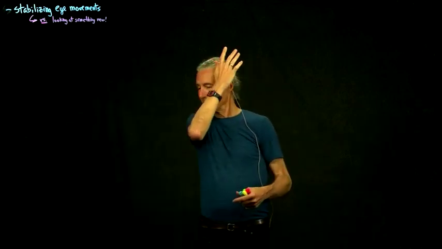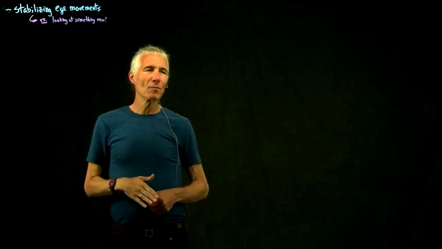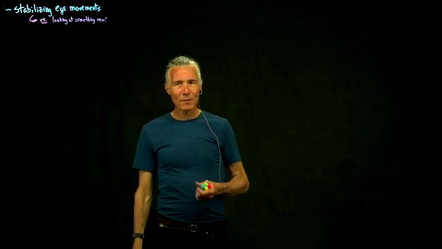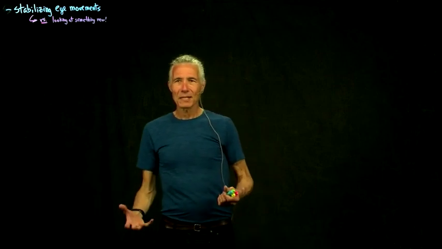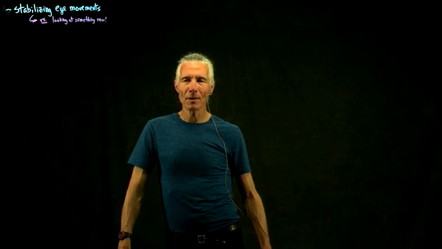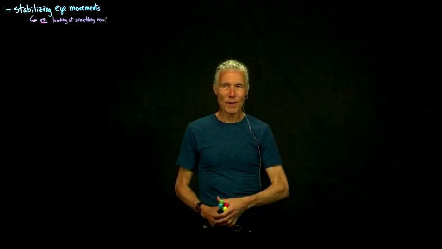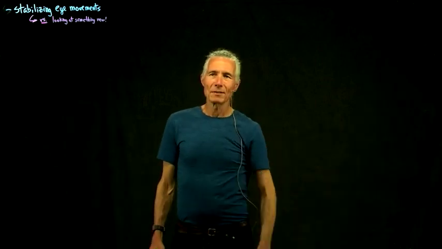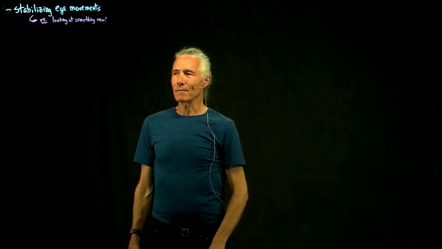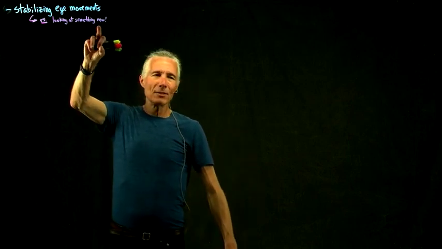But we're going to start with eye movements, and it turns out that a substantial chunk of the brain is concerned with eye movements because it's so important to get the sensitive part of your retina onto an interesting target. So that's looking at something new.